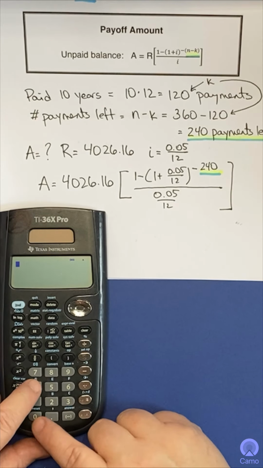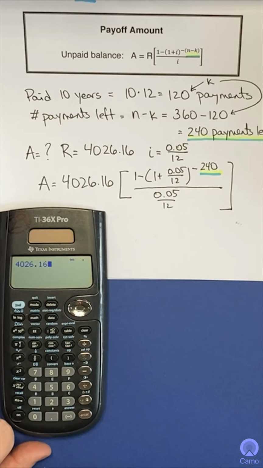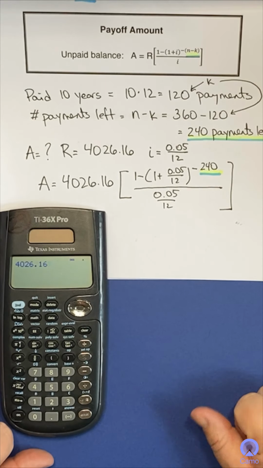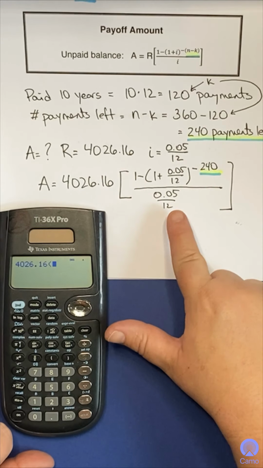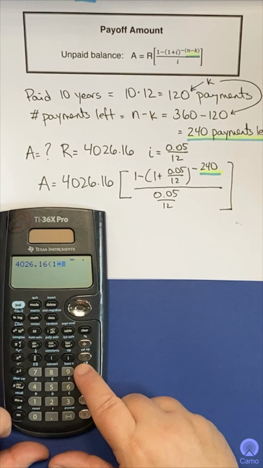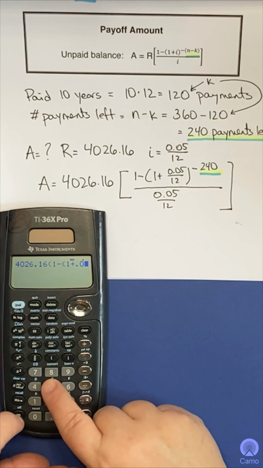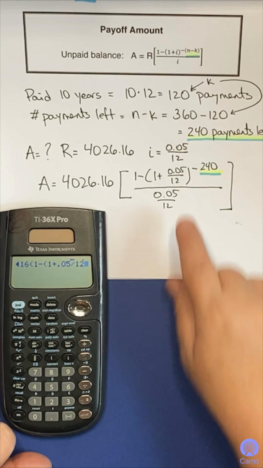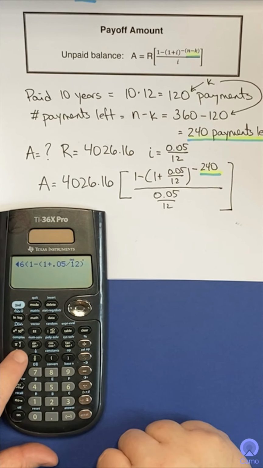So I'm going to start 4026.16. Some people multiply this last. You're welcome to do that. I'm going to go, as I usually do, across the top and then divide by the denominator. So parenthesis, 1 minus parenthesis, 1 plus 0.05 divided by 12. I'm going to close this parenthesis and then use my exponent key.